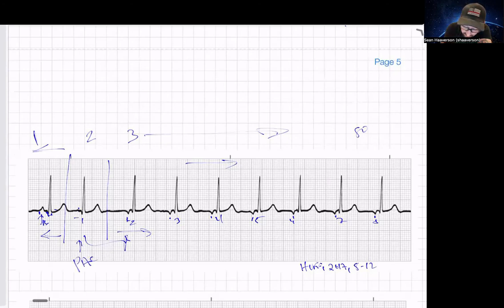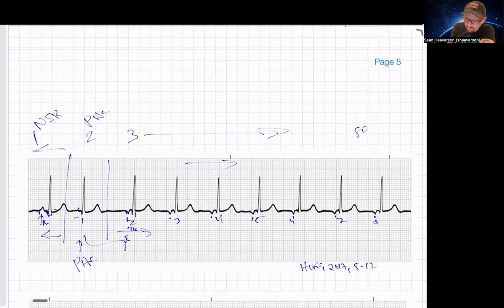Our PR interval here is 0.12. Good. Our QRS looks about the same, 0.06. And then we continue regularly down that. So we started, and I'm making an assumption here, with maybe normal sinus rhythm. I think we've got a premature atrial complex here.